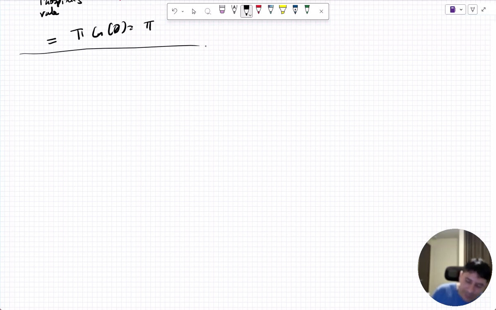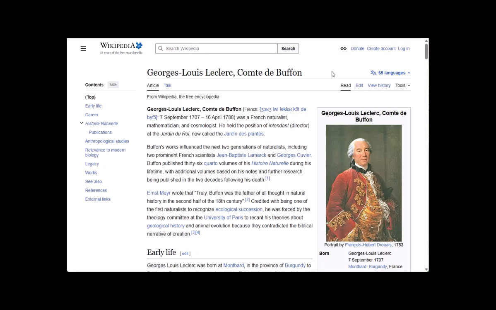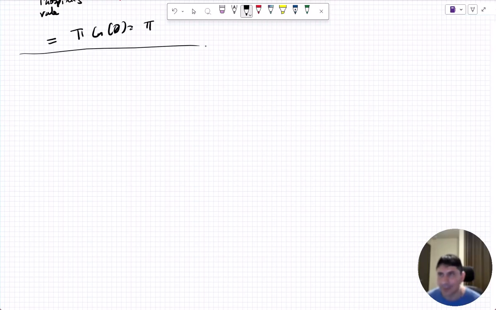But this was known in the 1700s by a Count of Buffon in France. I'm going to show you a Wikipedia page eventually, so that you get acquainted with this picture. But the name of this method is called Buffon's experiment.